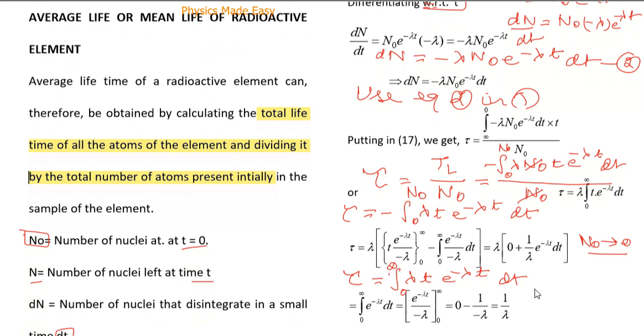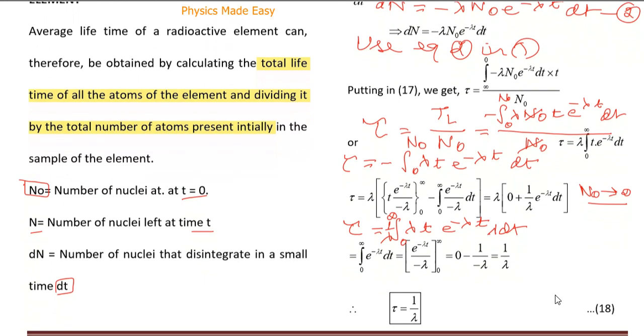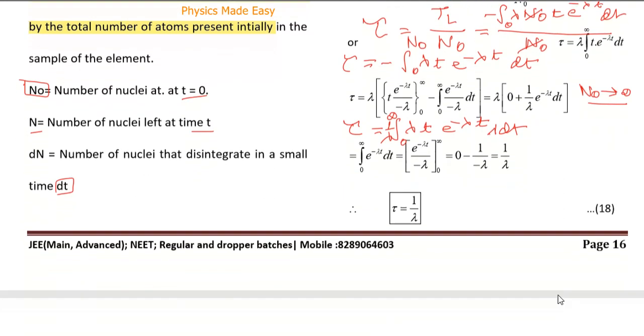Now if I divide by lambda and multiply here by lambda, then we shall have tau is equal to 1 by lambda times the integral from 0 to infinity of x e raised to power minus x dx.